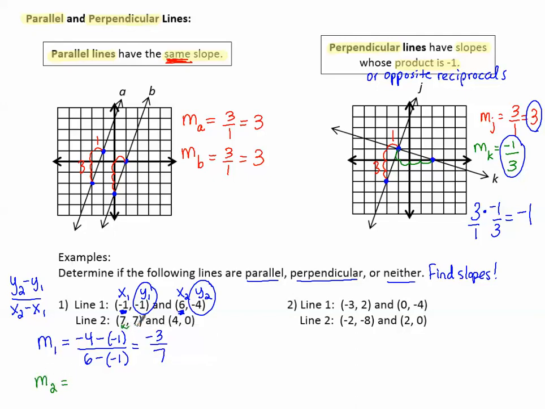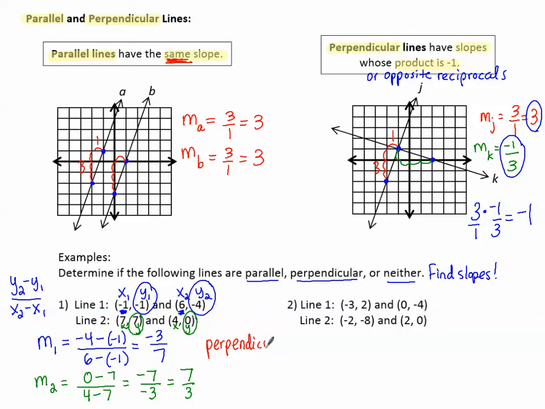Here is our x y and x y. We start with the y's. 0 minus 7 over 4 minus 7 equals -7 over -3. -7 divided by -3 makes positive 7/3. A negative divided by negative is a positive. Notice that these are opposites, negative and positive, and 3 over 7 is the reciprocal of 7 over 3. Because these are opposite reciprocals, these lines are perpendicular.